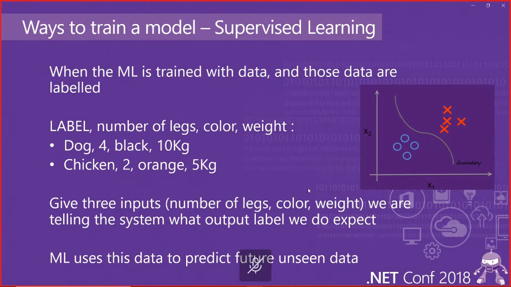In our case, where we want to classify animals, the label will be the type of animal: dog, chicken, cow, etc. Then we give 3 inputs, which are number of legs, color, and weight. We are telling the system what label we expect. We use ML on this data to predict future unseen data.